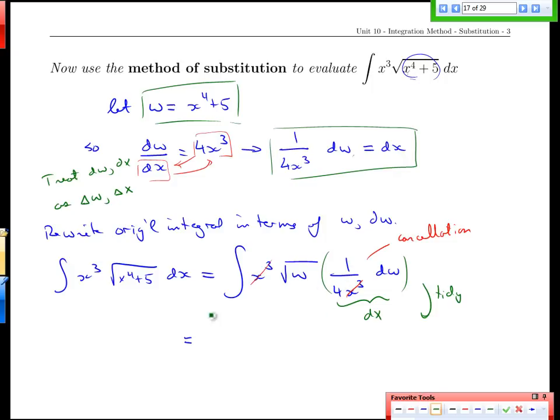We have a 1/4 out front, the integral of the square root of w, dw. Well, that is way simpler than the integral that we started with. In fact, we know how to do that because it's w's and w's. We're going to get w to the 3/2 over 3/2 plus a constant. Now we can actually do that integration.